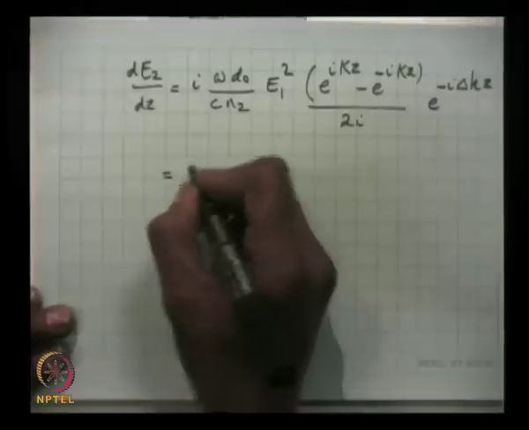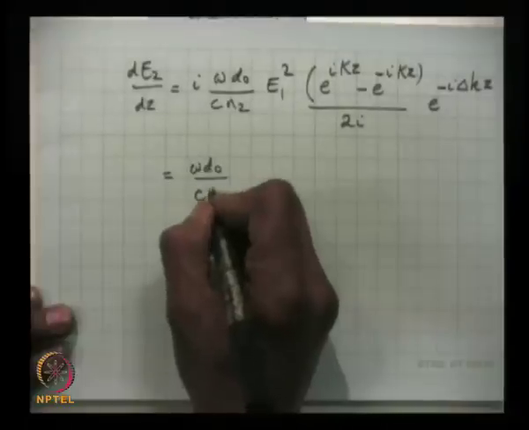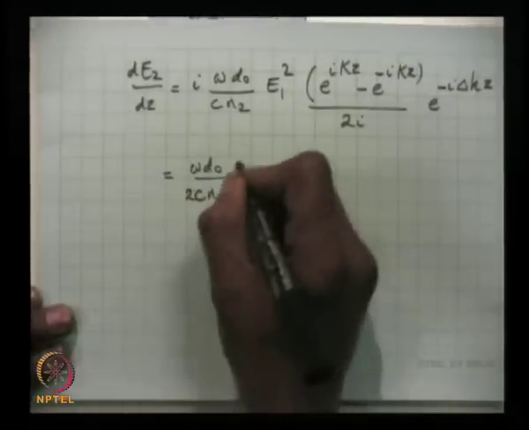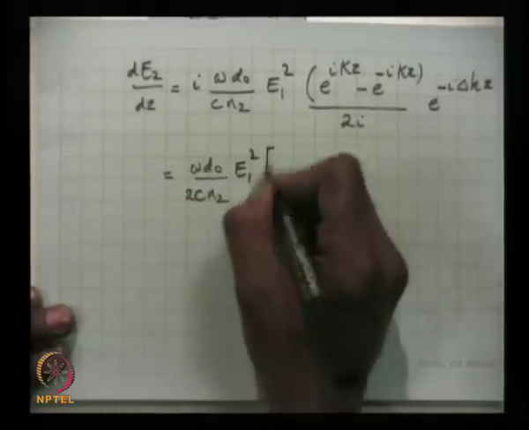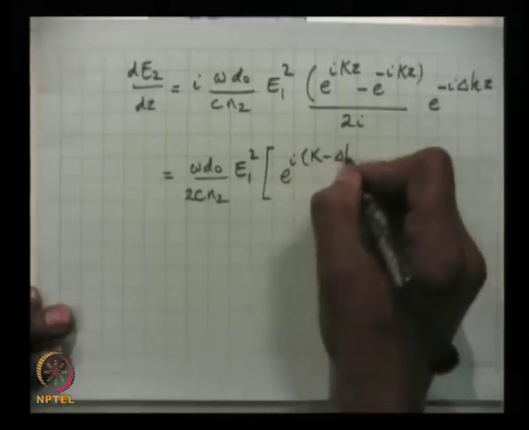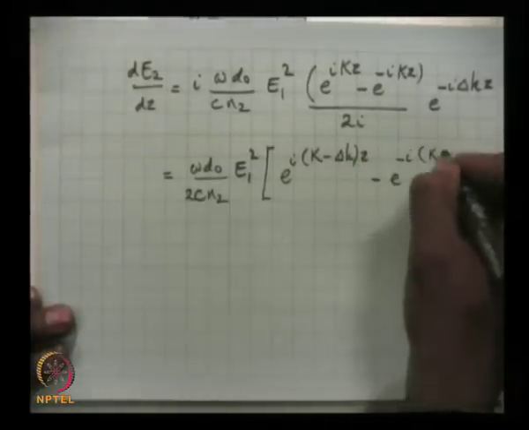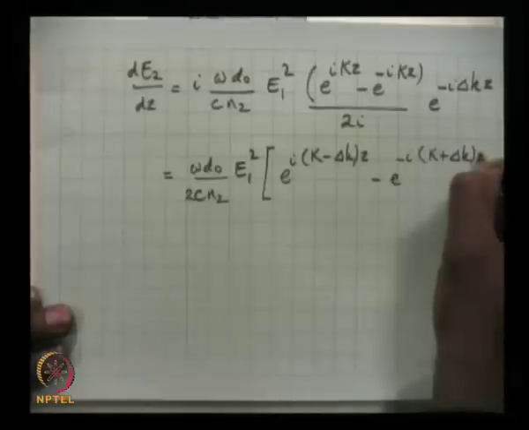So, this is equal to ω d0/(2 c n2) E1² [e^(i(K−Δk)z) − e^(−i(K+Δk)z)].